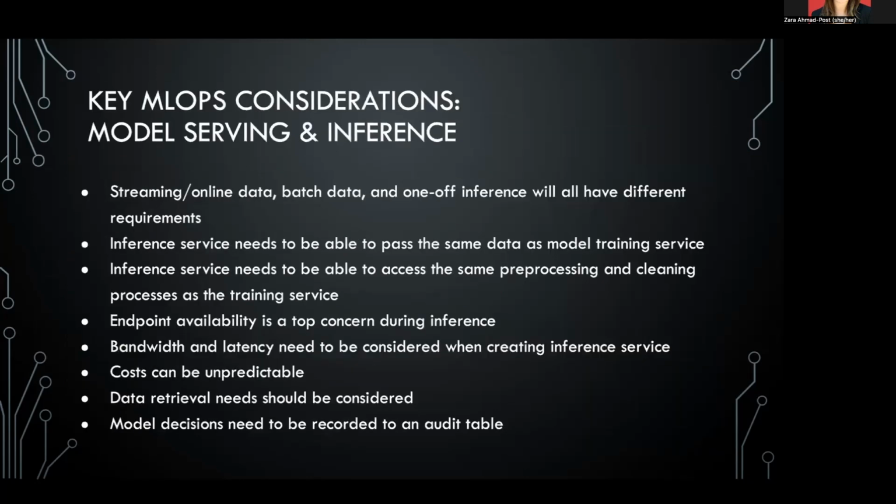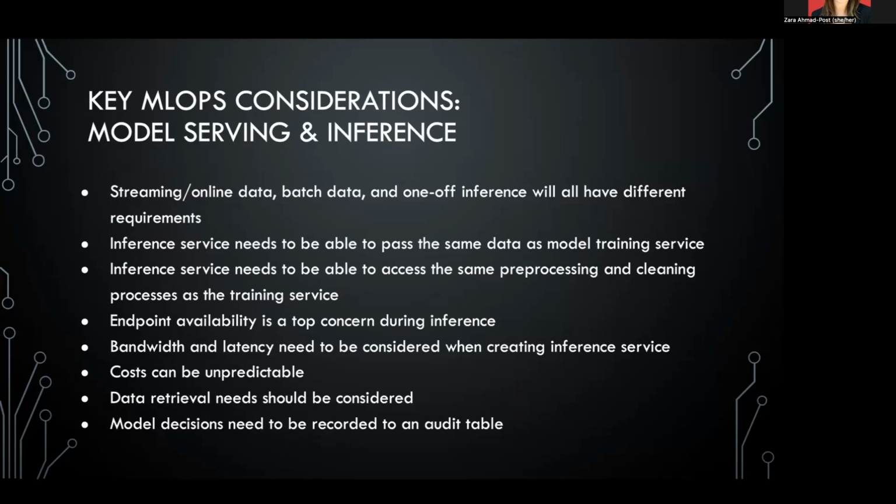So, key considerations for model serving and inference. Streaming, batch, and one-off inference are all going to have different requirements, right? Different architectural requirements, different compute requirements, and different costs. Your inference service needs to be able to pass the same data as the model training service.